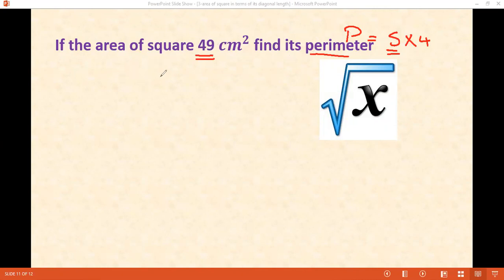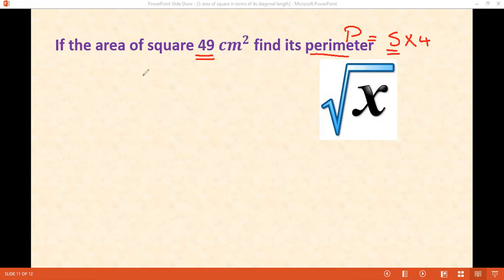So all I need to do is think about this number 49. Which two same numbers, if I multiply together, the answer will be 49? Of course, it's 7. But if you don't know and you want to do it by calculator, you have to put this 49 into this sign.